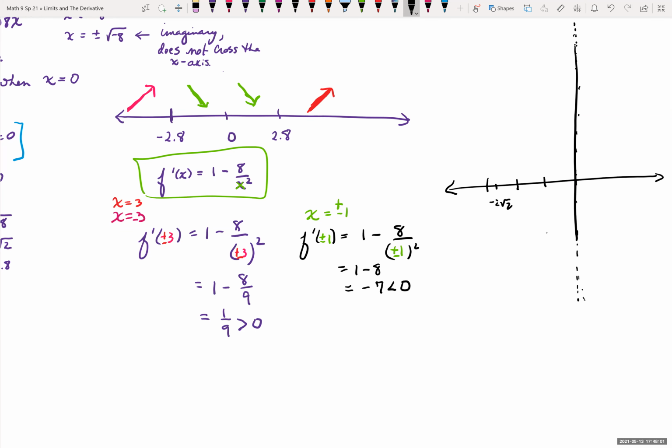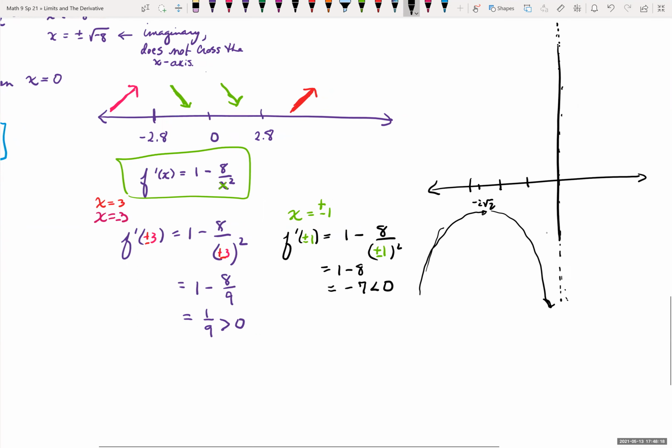So if I had something that was increasing and then decreasing, well, notice that that would work underneath the x-axis because of where that asymptote is.